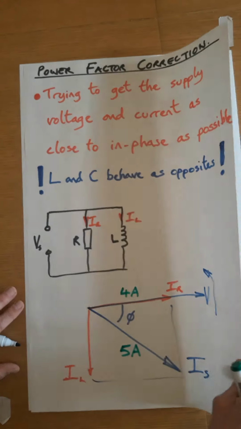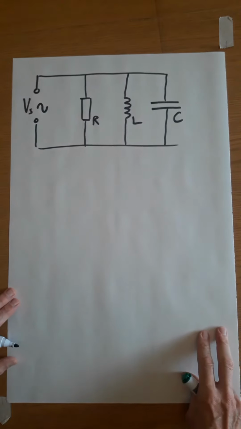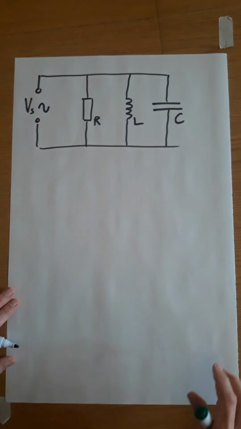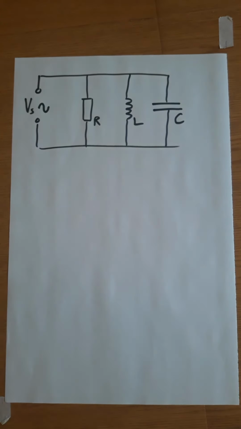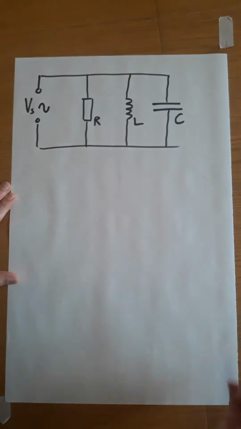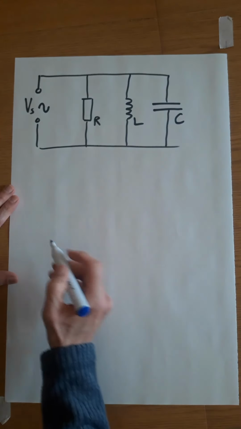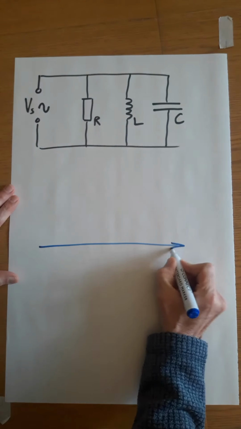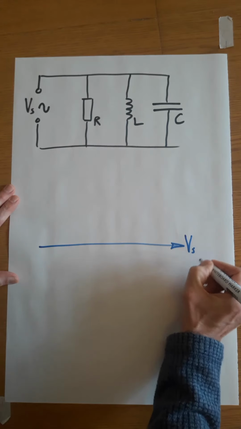Let's take that to the final step. So this is the circuit we had on the previous page, the one we've just been looking at. Let's do the phasor diagram again. And the only difference is I've added in a capacitor. Here is our supply voltage.